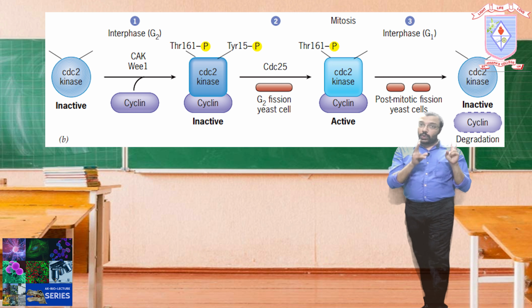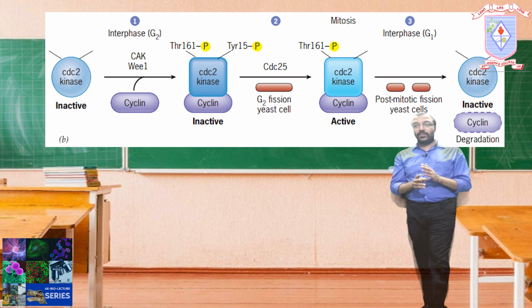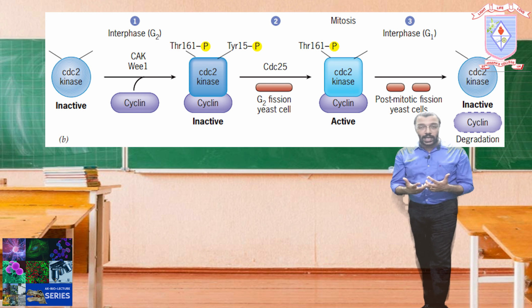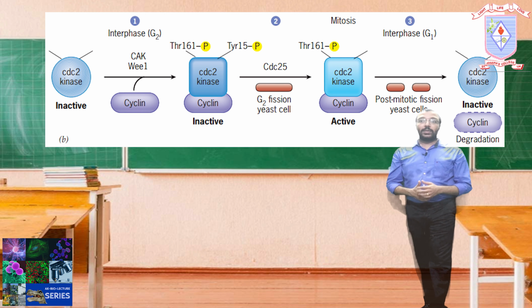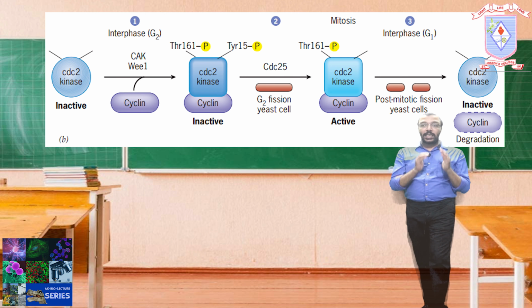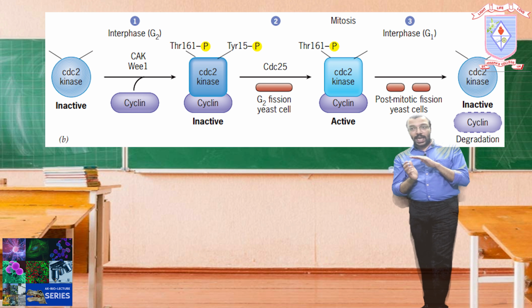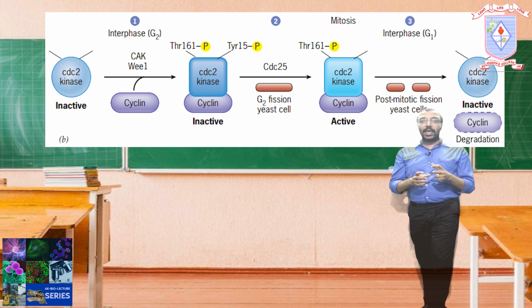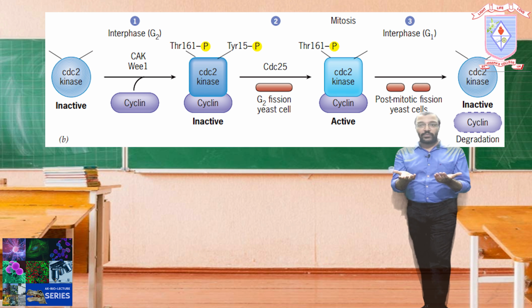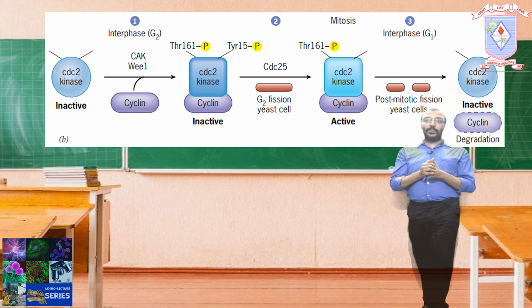We saw two inhibitory sites also. Which are they? Tyrosine 14 and 15. But phosphorylation of threonine 161 by CAK is necessary but not sufficient for the activation of CDK1 protein.